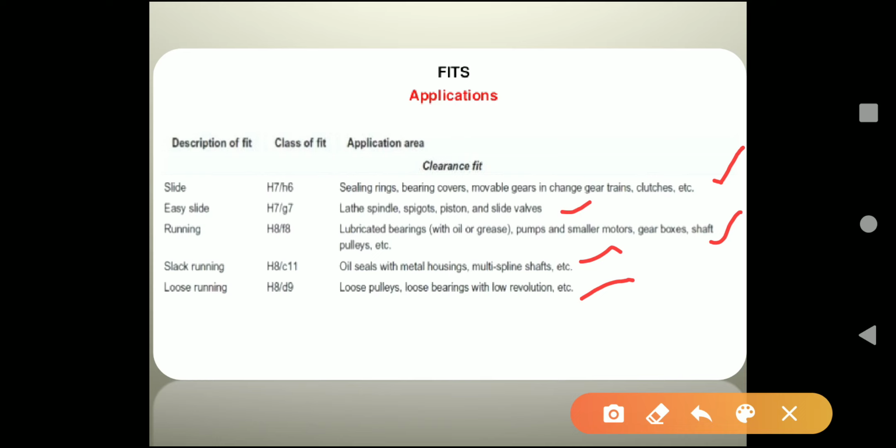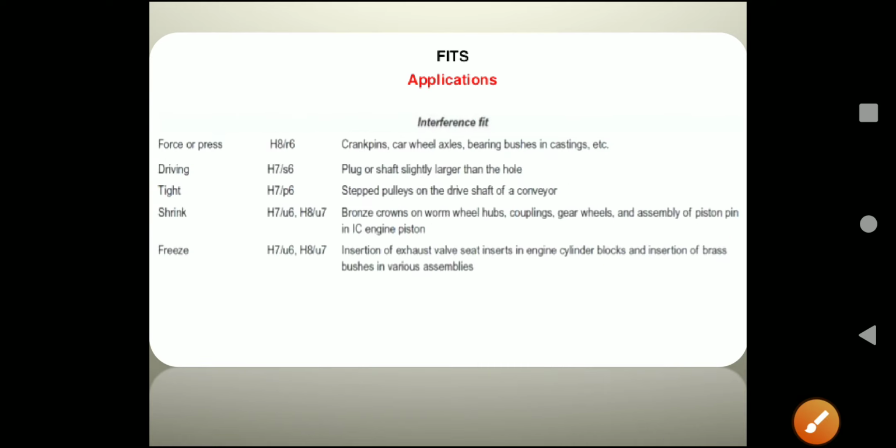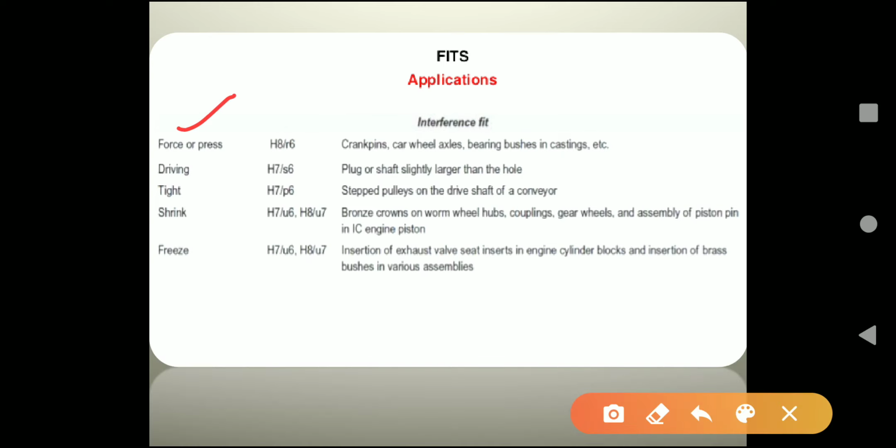So coming to the next application, that is interference fit applications. In interference fit, the first type of fit is a force or press fit. You can see the application: crank pins that are pressed or forced to make an assembly, then car wheel axles, bearings, bushes in castings. Then the next type of interference fit is driving fit, that is a plug or shaft slightly larger than the hole.